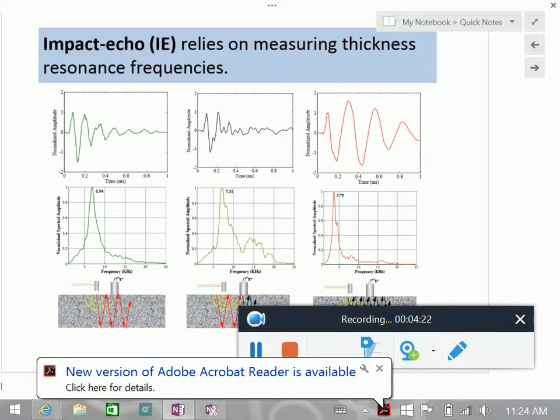There are people whose ears are calibrated, and just by walking on the bridge and listening to the sound, they can say if there is a hollow sound or not, and if it is hollow, it means that the resonance is coming from a small thickness, and that means that you have some sort of debonding. So impact echo is the objective version of all of these very ancient methods.